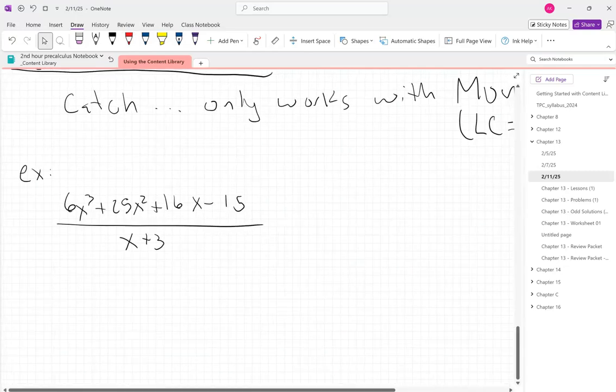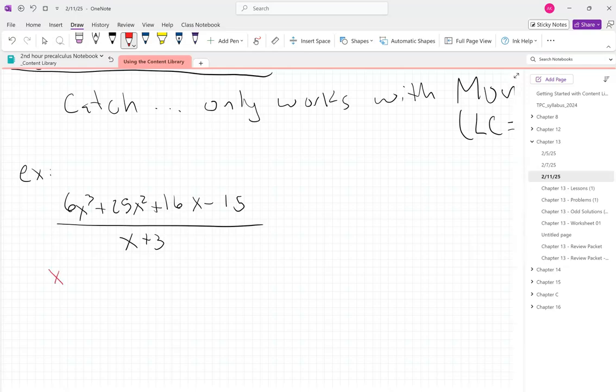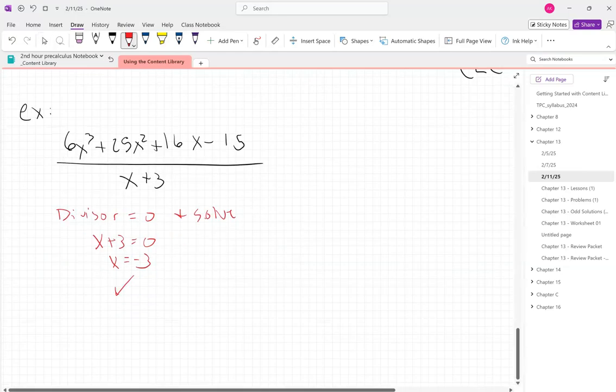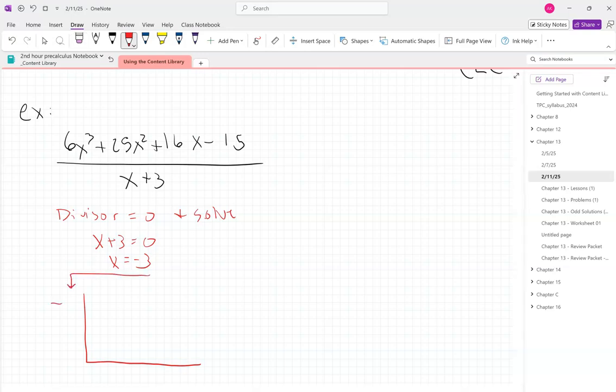Okay, so to start my synthetic division problem, I take the divisor and I set it equal to 0 and solve. So I get -3 when I do that. Everybody cool there? Okay. I'm going to take that and put it there.